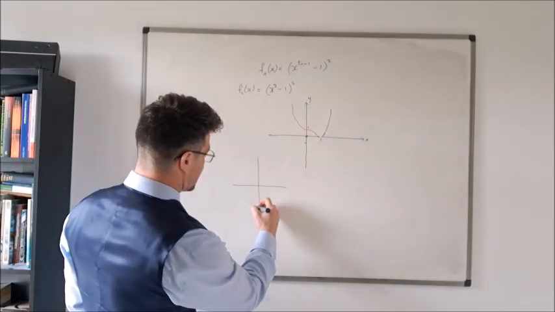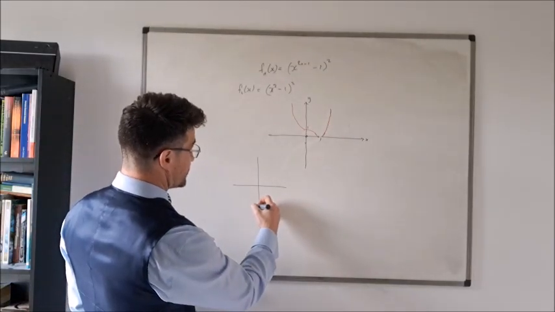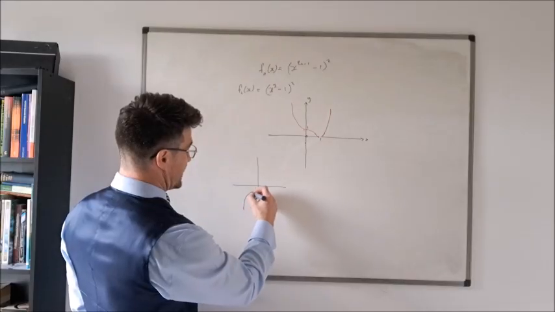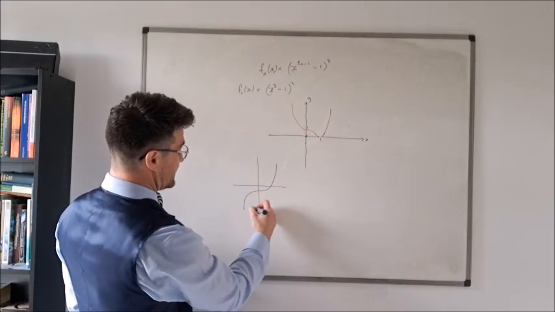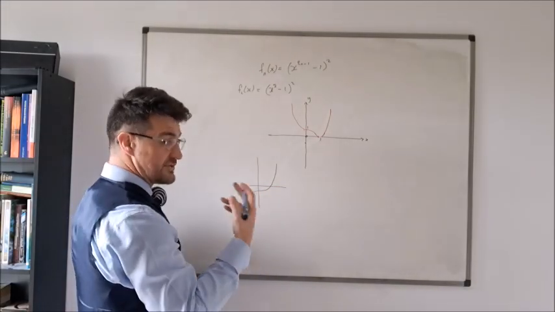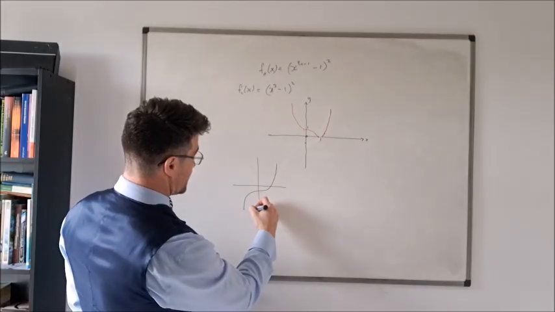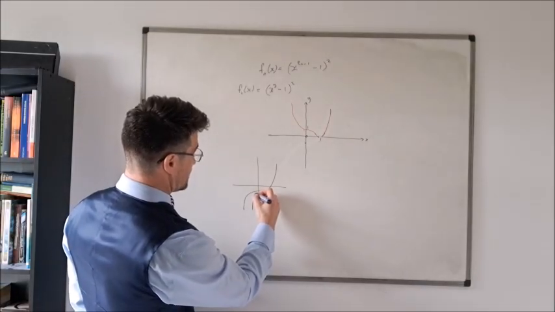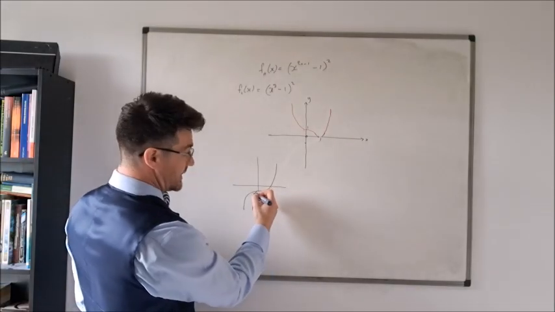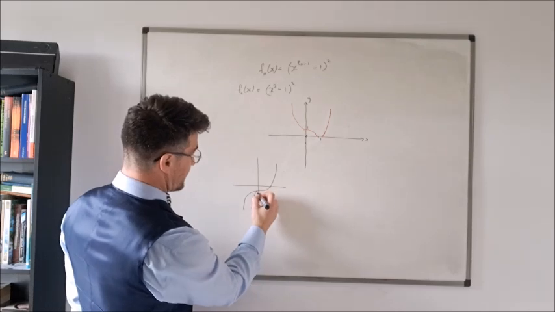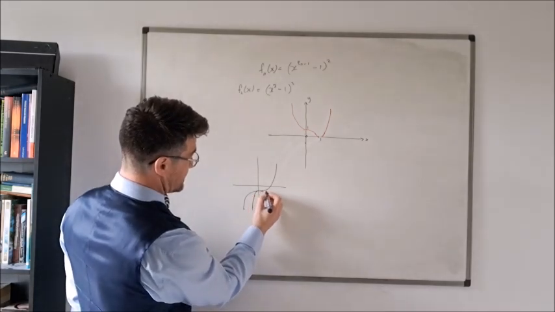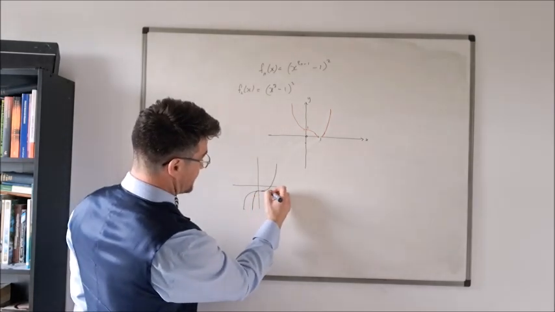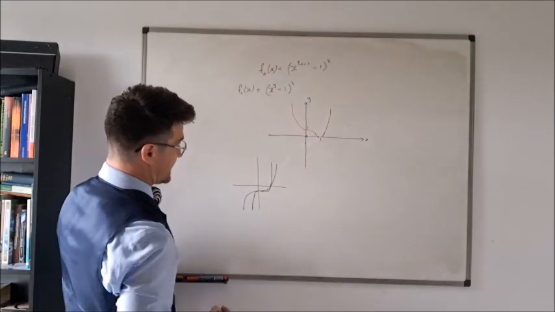It's going to have basically the same shape, it's just going to be much steeper. So if x cubed minus 1 was kind of like that, x to the power of 2n minus 1 is going to be much steeper. It's still going to go through, and it's going to be a lot flatter here, and then it's going to grow a lot faster.